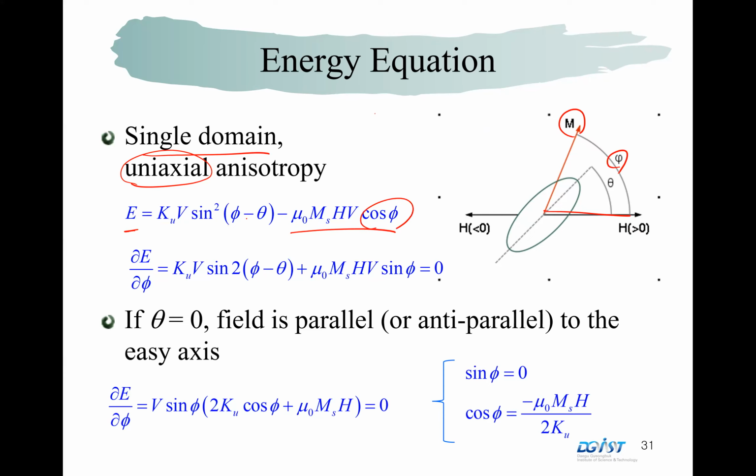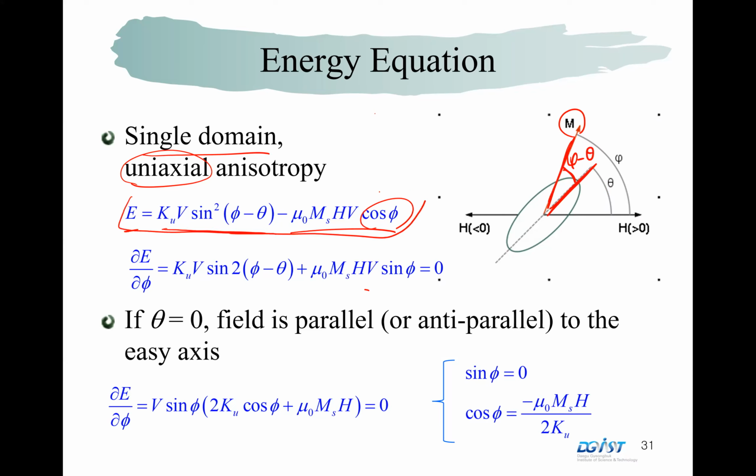And here, the easy axis of this uniaxial system is at angle theta from the field direction. And the anisotropy energy has a sine square of phi minus theta. So the uniaxial anisotropy energy is proportional to sine square of the angle between the easy axis and the direction of magnetization. So this is phi minus theta.